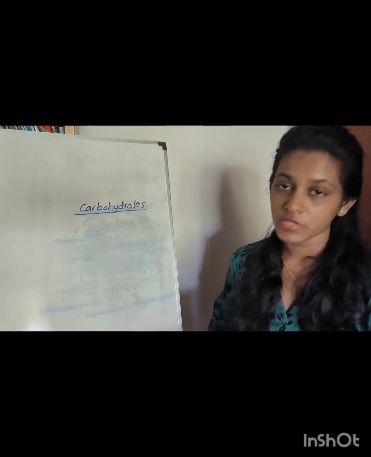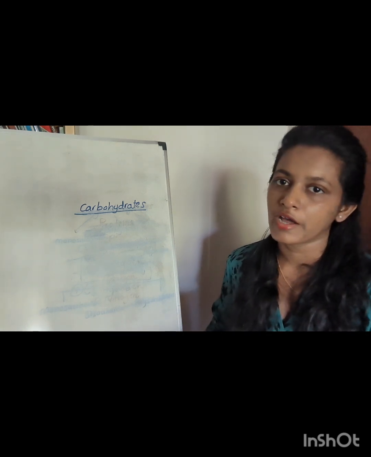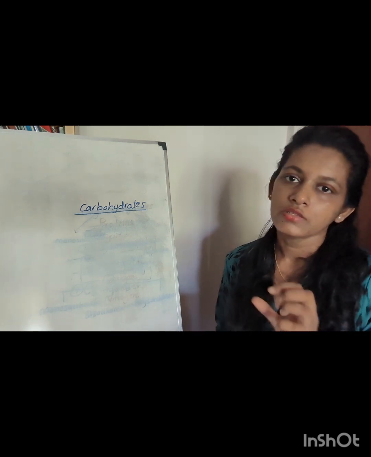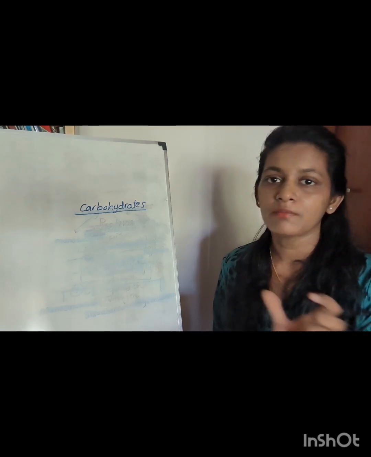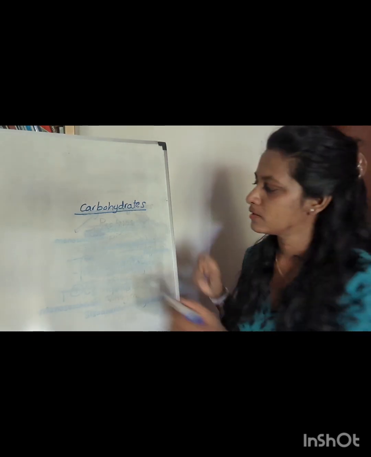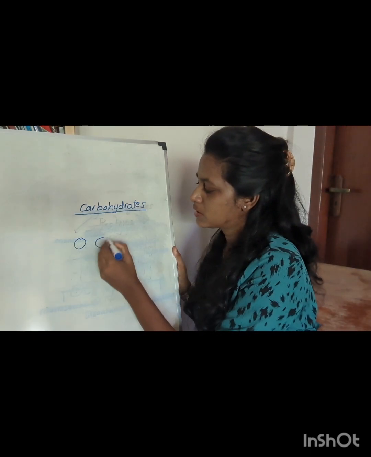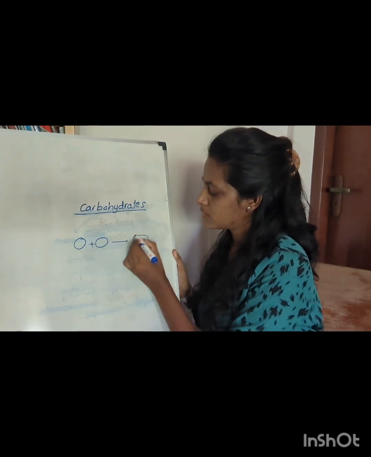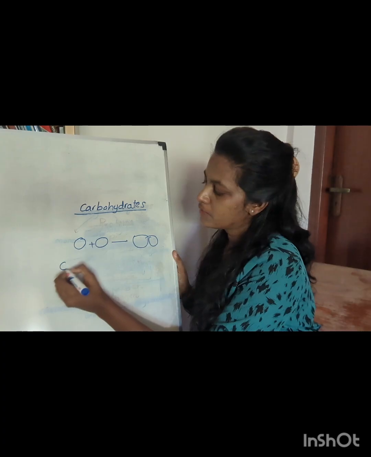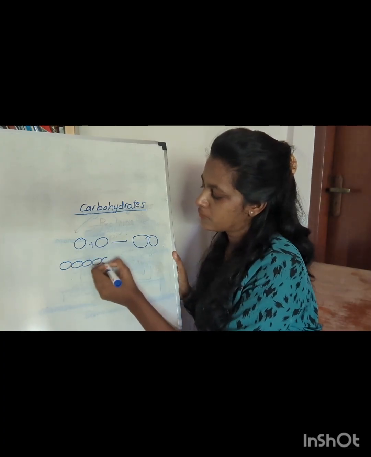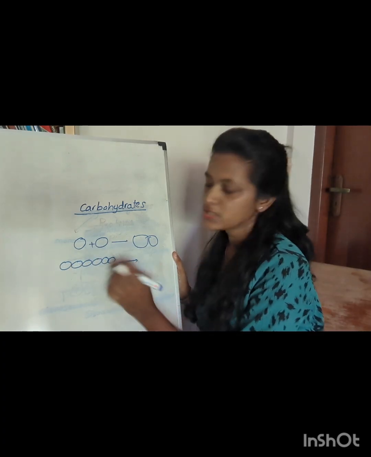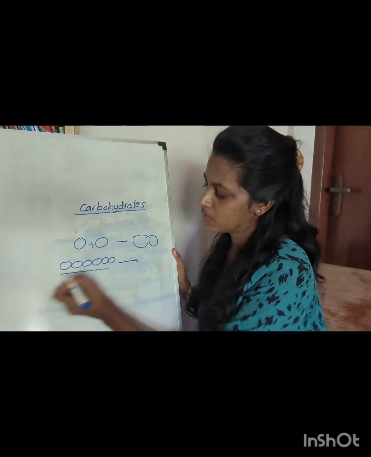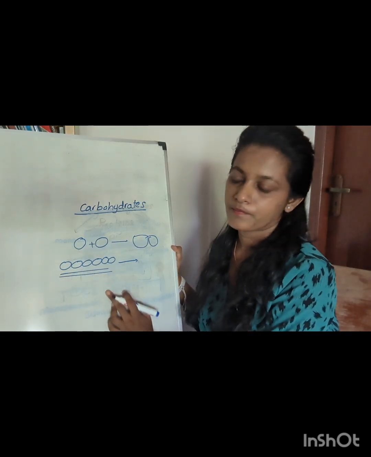Monosaccharides are the basic structural unit of carbohydrate chains. Two monosaccharide molecules combine together and form a disaccharide. Several monosaccharides get together and form a polysaccharide.